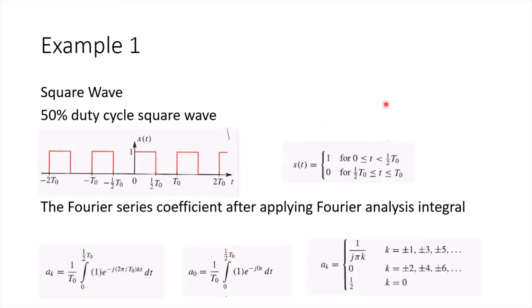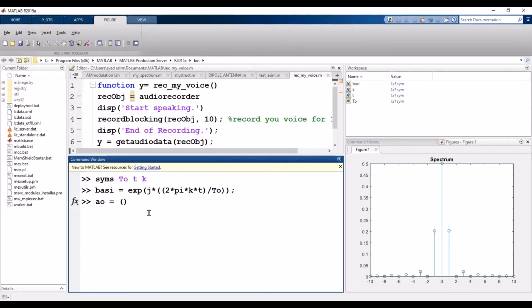So going back to MATLAB: 1 over T naught times int of 1 with respect to t, with limits 0 to T naught by 2, and we get the DC component 1 by 2.